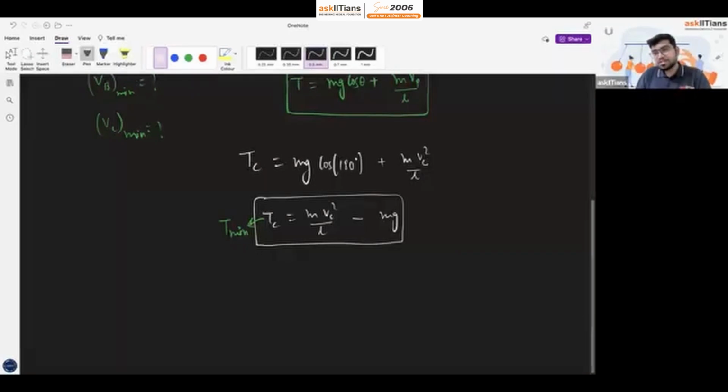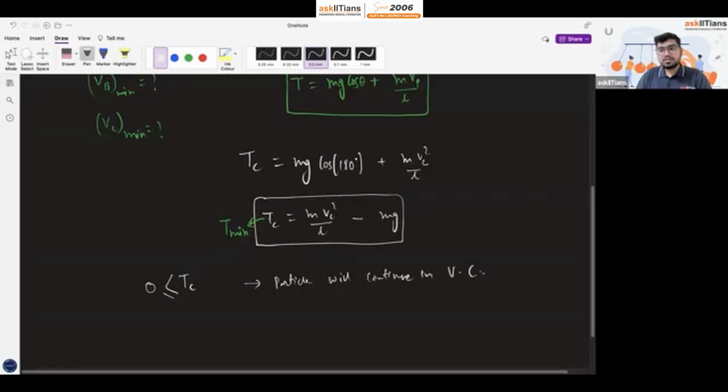So if I make sure that tension at point C is greater than or equal to zero, I can definitely say the particle will continue in vertical circular motion. Yeah, we can say this. Okay, the particle will continue in vertical circular motion.